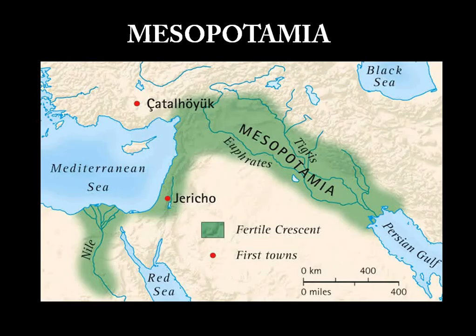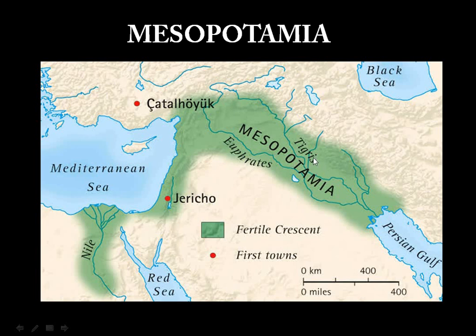Ancient riverine civilizations. First is Mesopotamia. It is the name of a region and not of any particular country. It means the land between two rivers. Ancient Mesopotamia was the land between the two rivers Tigris and Euphrates. Here we can see the rivers Tigris and Euphrates.